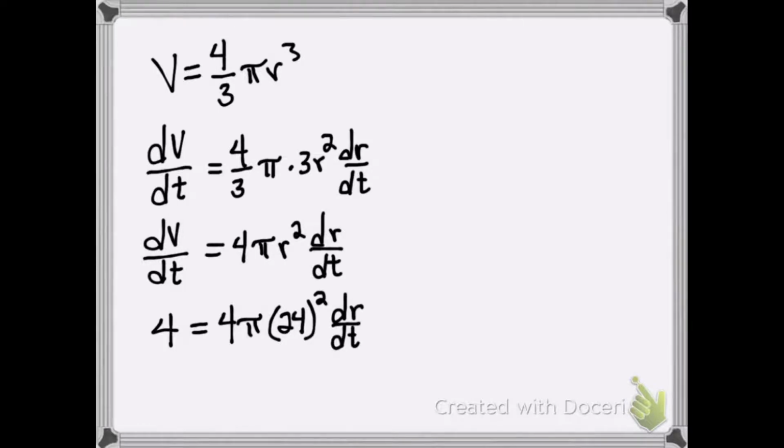Now, we're going to want to solve this equation for dr/dt. First of all, we notice that if we divide both sides of the equation by 4, we get 1 equals pi times 24 squared times dr/dt.